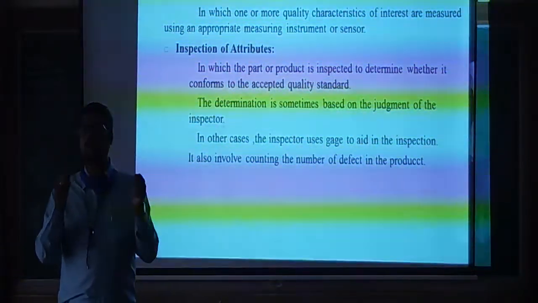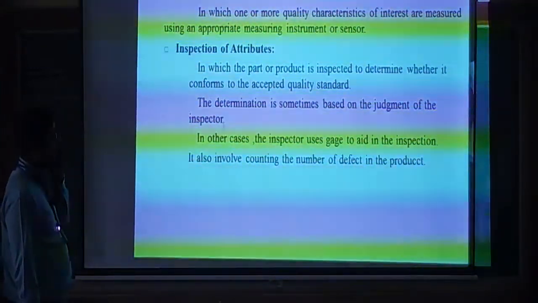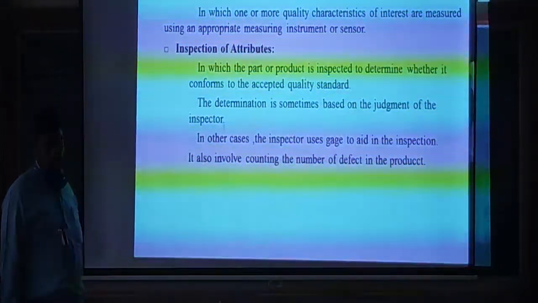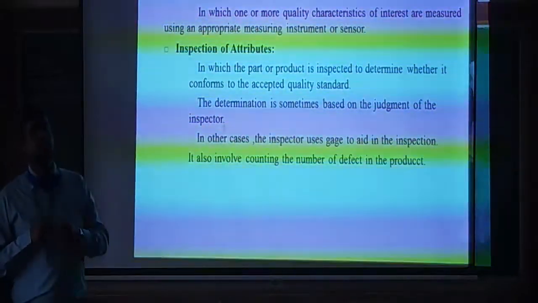Say the measuring instrument is a digital vernier, dial vernier, or regular vernier caliper, or a sensor based system. That is inspection of variables.